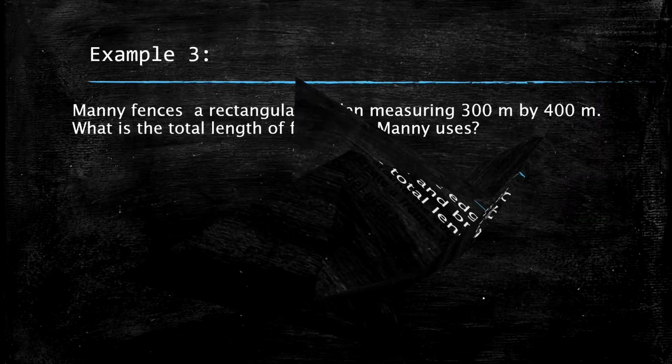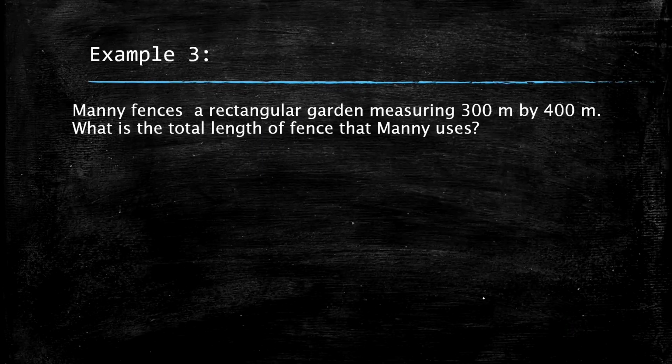Let's see one more example. Manny fences a rectangular garden measuring 300 meter by 400 meter. What is the total length of the fence that Manny uses? Here again, we're talking about the fence, so it is perimeter. Again, as it is a rectangular garden, we have 300 and 400 meters.